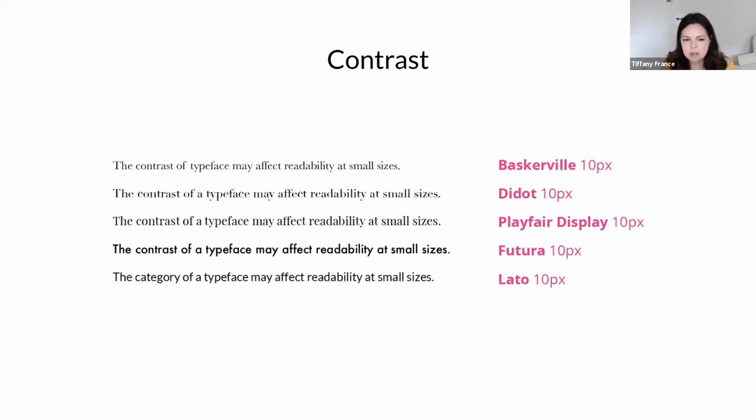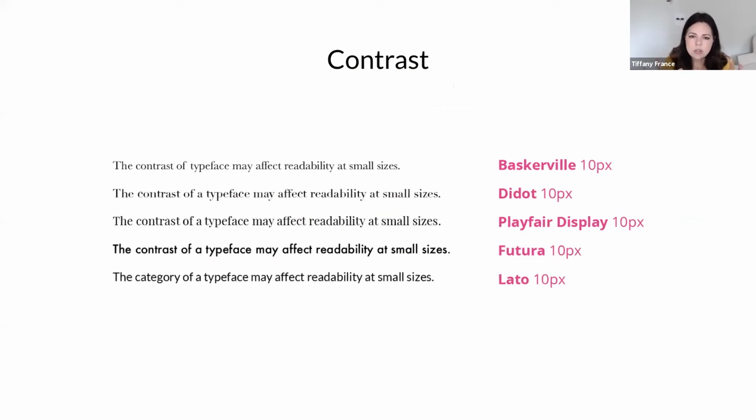Why do we care? Okay, so contrast, that thin to thick contrast, is something to take into account when we're talking about small text. And with data visualization, a lot of times we're using small text. We're using small text for axes or callouts, or maybe we just have a lot of text within a copy area.